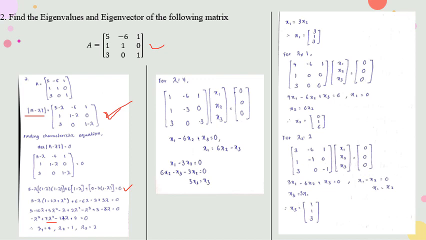We can say the eigenvalues, it has 3 eigenvalues: lambda 1 equals 4, lambda 2 equals 1, and lambda 3 equals 2.